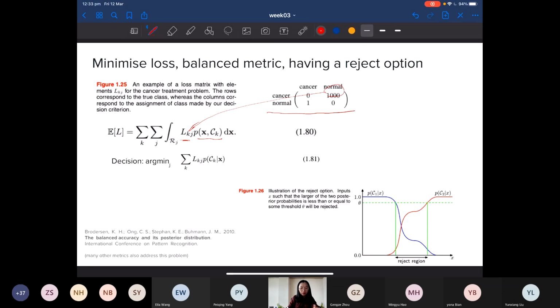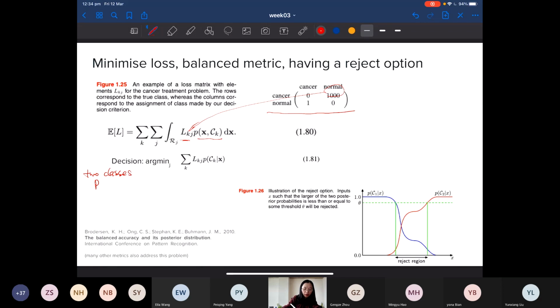The second recipe we're going to talk about is balanced metric. Basically, instead of the minimum error rate over all data points, we could say, assume we have two classes, positive and negative, and we label them.